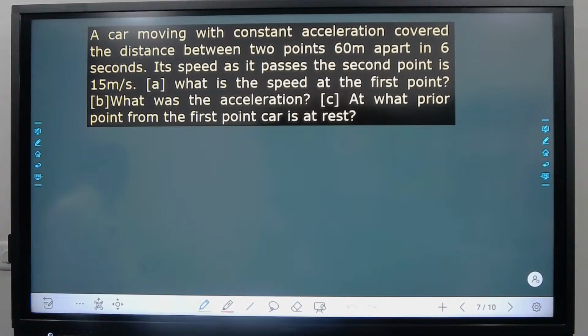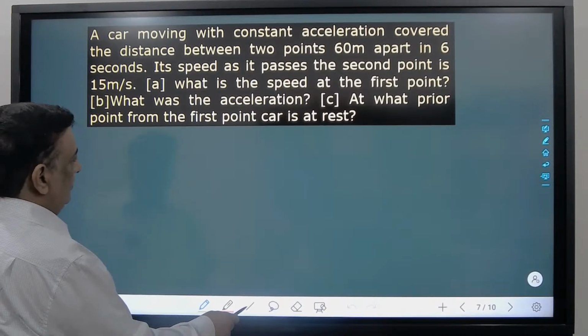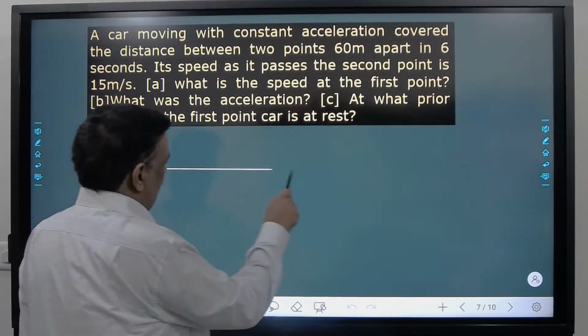A car is moving with constant acceleration, covered distance between two points 60 meter apart in 6 seconds. It passes the second point at a speed of 15. What is the speed at first point? What was the acceleration? What was the prior point from the first point where the car is at rest? Now, we are given that a car is moving with constant acceleration.